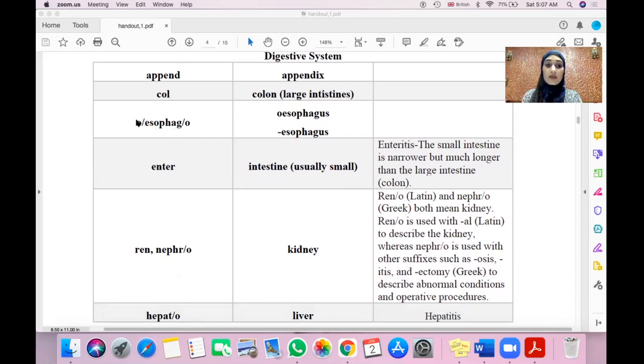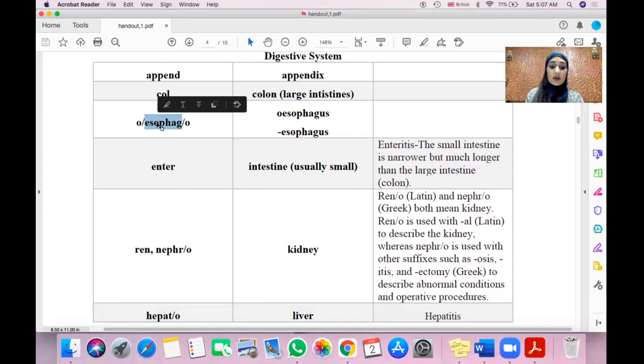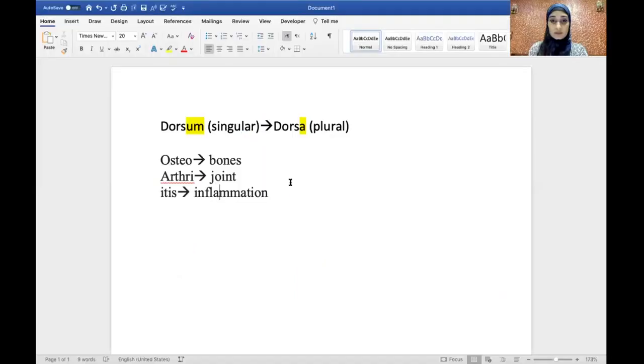When we have the letter O in the beginning of this word, we have two spellings for this, starting with the E, and this is the American spelling, or starting with the O, and this is the British spelling.